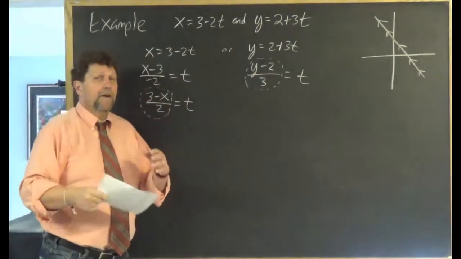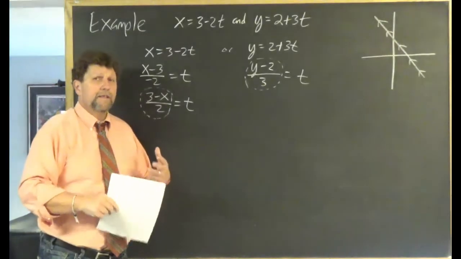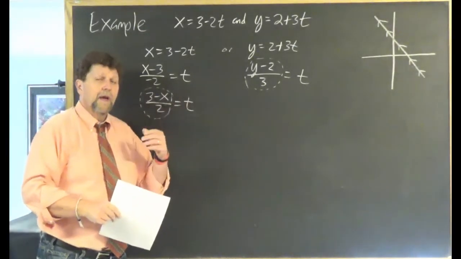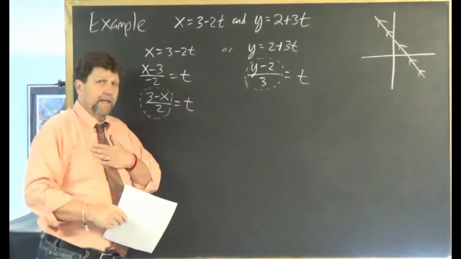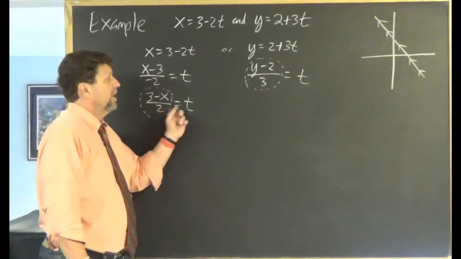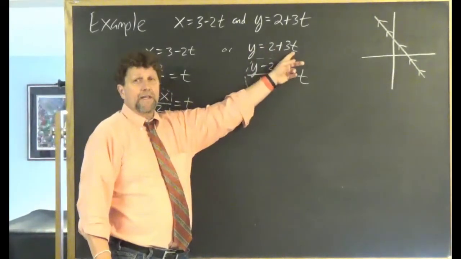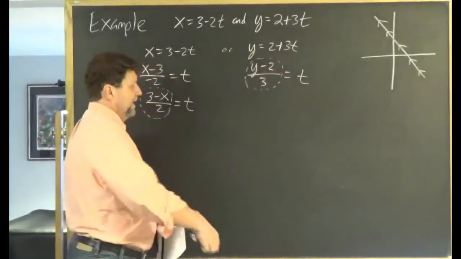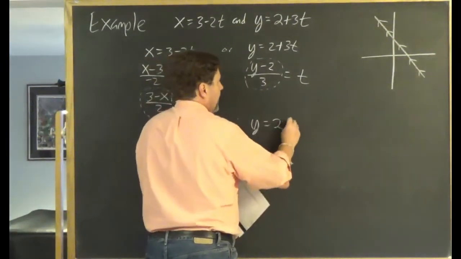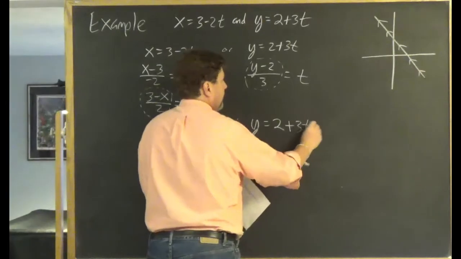It doesn't matter which way I go on this one problem. That's why I showed both. I personally would take 3 minus x over 2 and toss it in here for t, because this is already in a very user-friendly form.